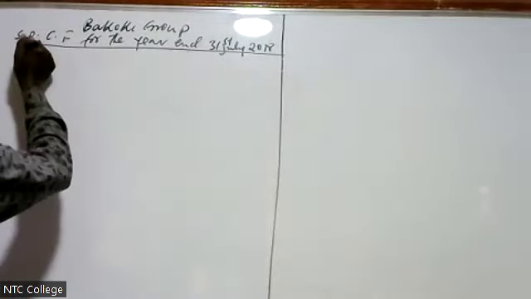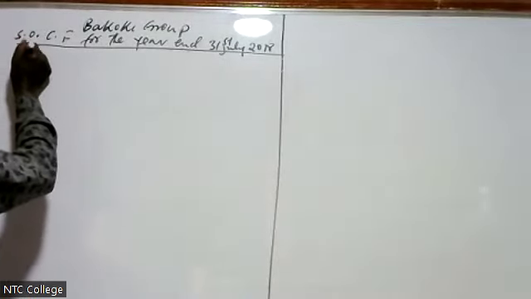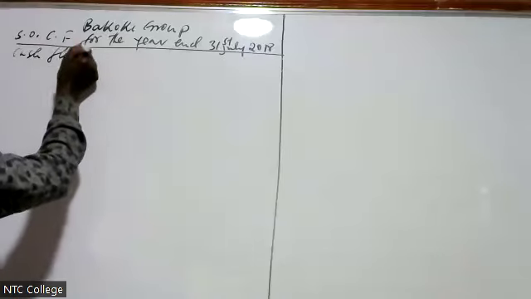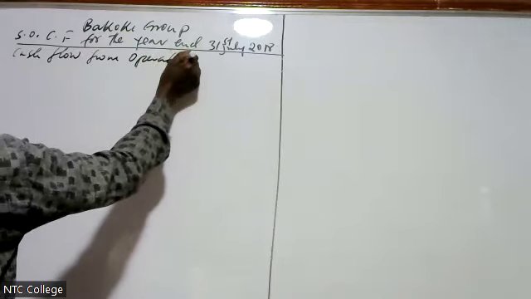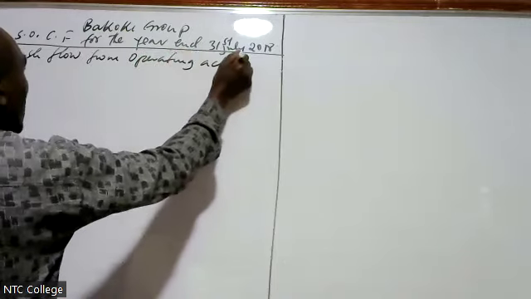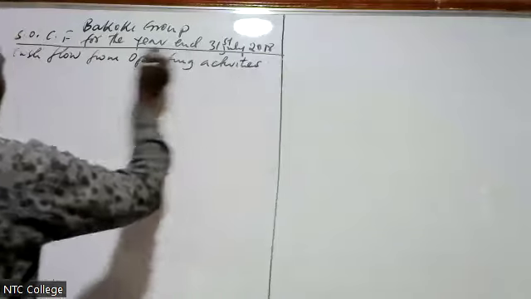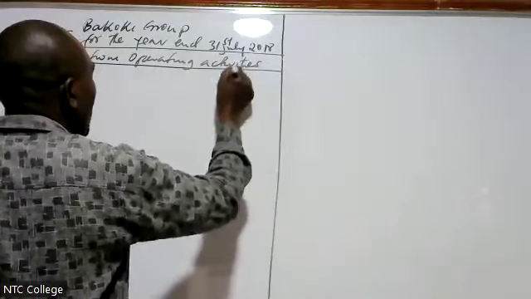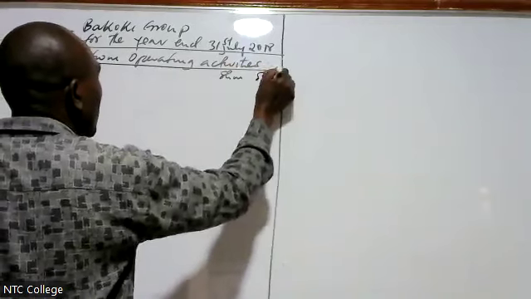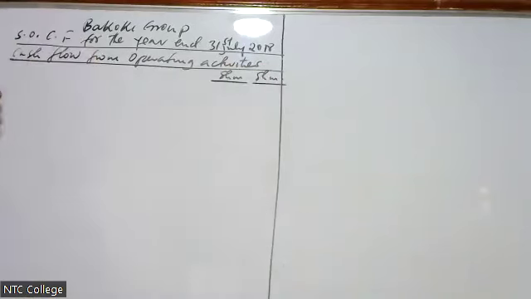We start with cash flow from operating activities. Cash flow from operating activities. We say shillings in millions. We put 2 columns of currency there.